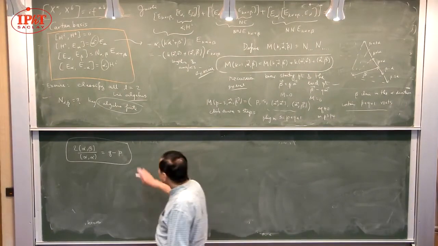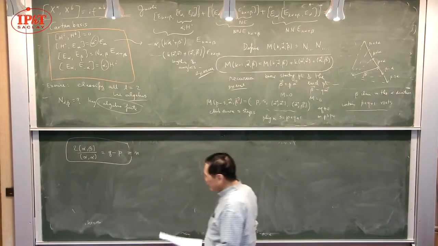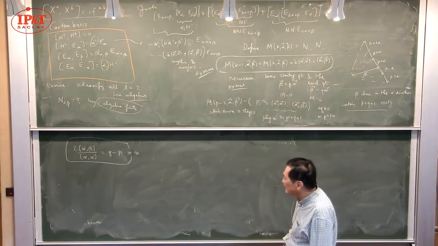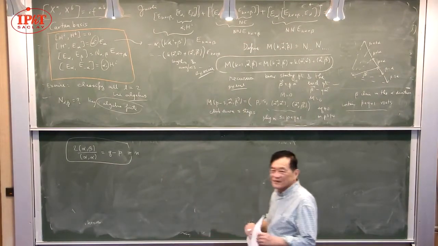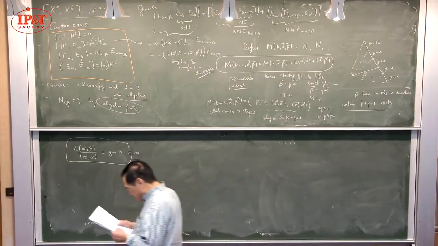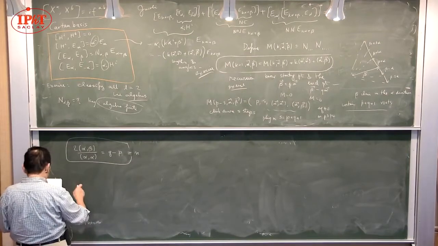So all you know is that this is an integer n, and this integer n can have either sign. It could be positive, it could be negative. Okay? So it looks like there's very little you can do at this point. But of course, Cartan was able to do a lot with this equation.